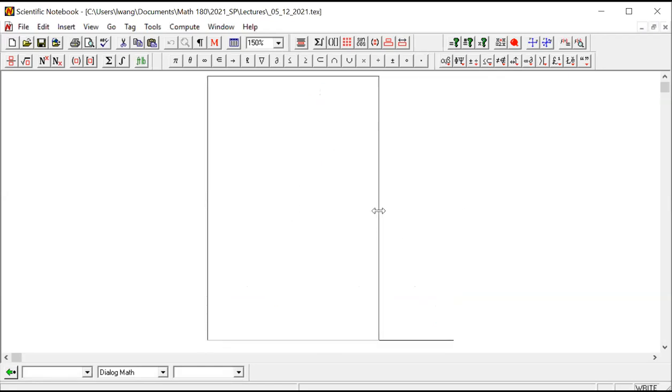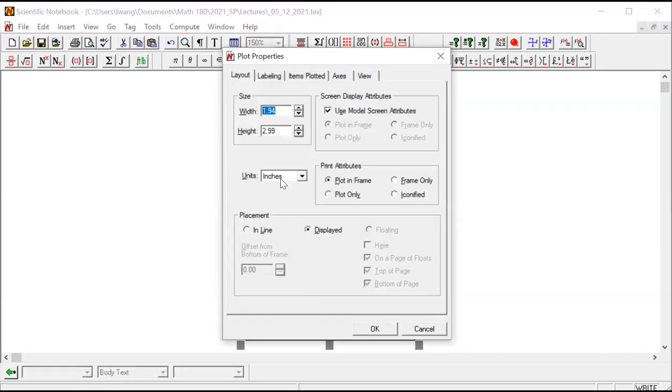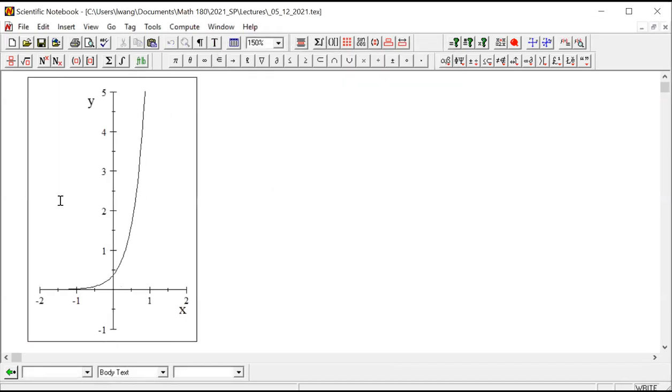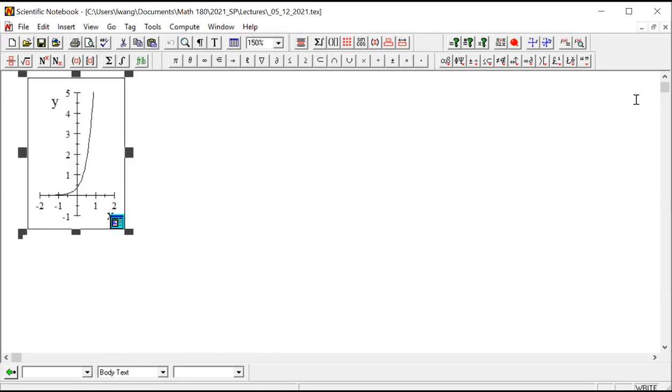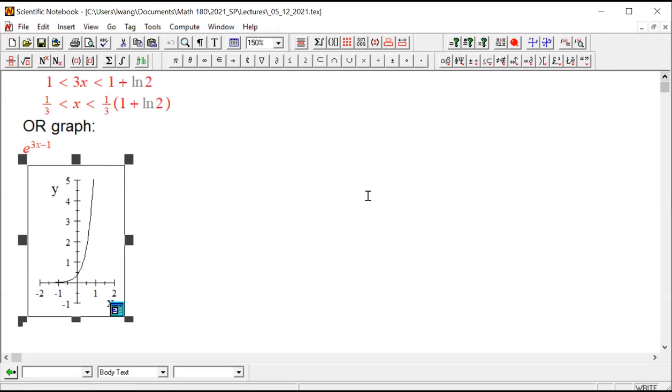What does it mean between 1 and 2? Does everybody follow me? We want this to be between 1 and 2.